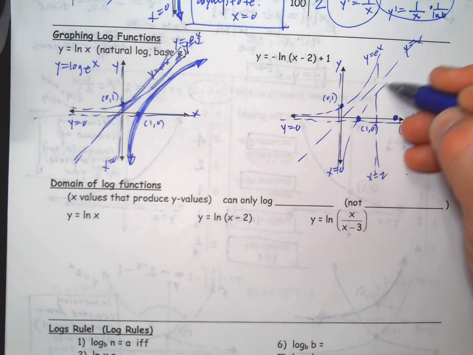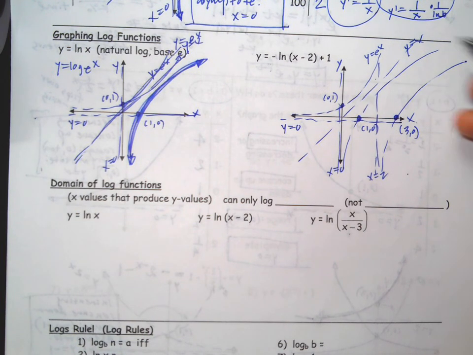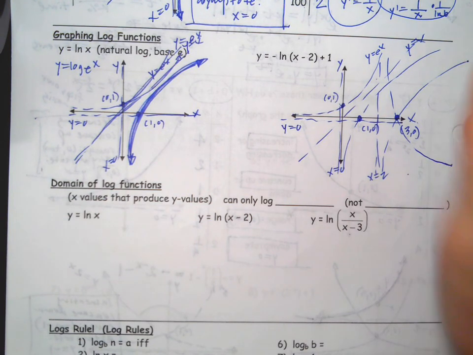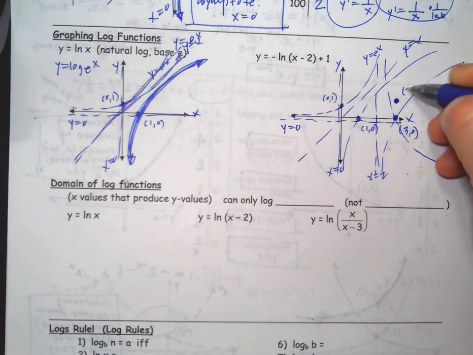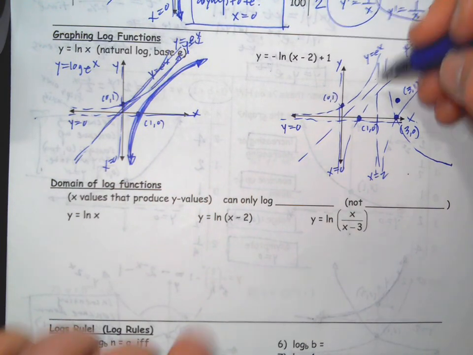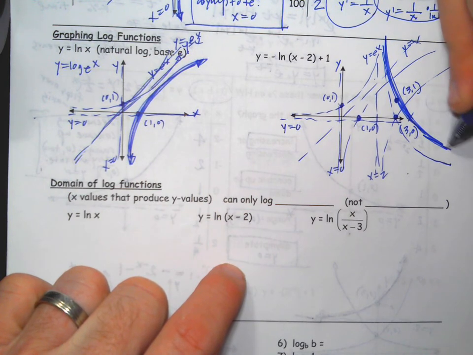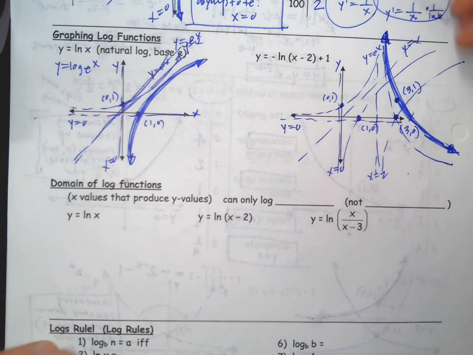I guess I never even graphed it. So this is our new graph. The negative on the outside flips any graph upside down. The plus 1 moves any graph up 1. So now we're at 3, 1, and arrows on the ends, darken it in, keep the rest of the stuff. That's your work.